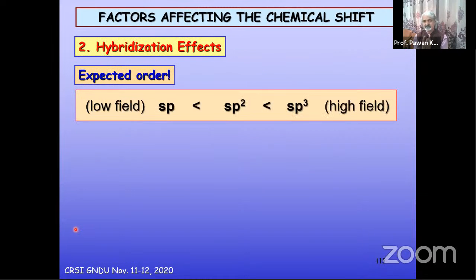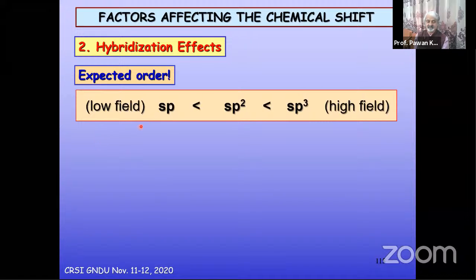So the major factors affecting are only electronegativity and the anisotropy. All others are manifestations of these two factors. The second factor is the hybridization effect. Now, if we try to understand hybridization in terms of electronegativity, we know that the higher the s character, higher is the electronegativity. So the electronegativity of sp orbitals is the highest as compared to sp2 and sp3.